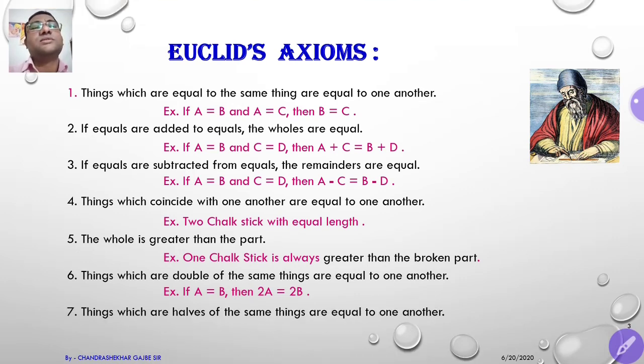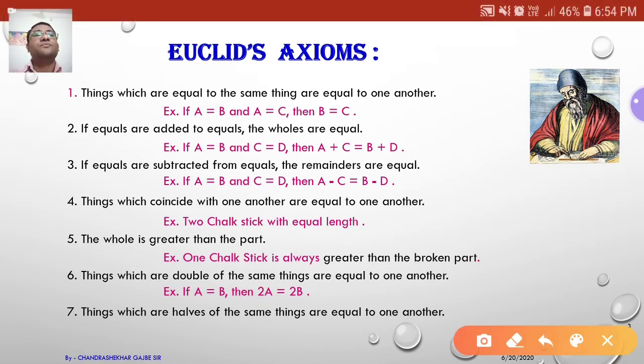Next axiom is axiom number 7. Things which are half of the same things are equal to one another. That is similar to the 6th.